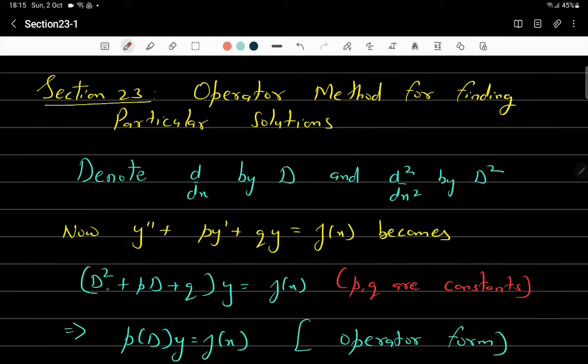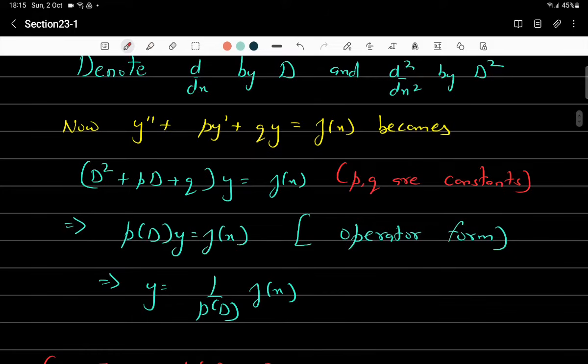Now I represent D square plus pD plus q as a function of D, so I simply write P of D y is equal to f of x. And now I take P of D on that side, and that gives me y, which is a particular solution of the given differential equation.